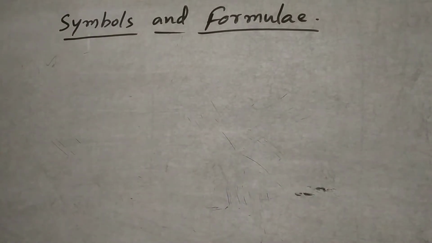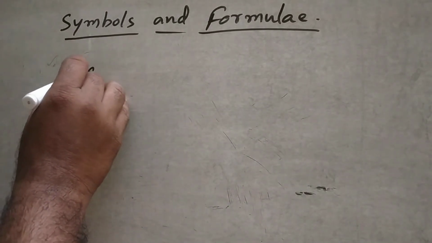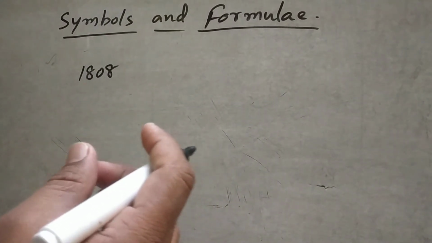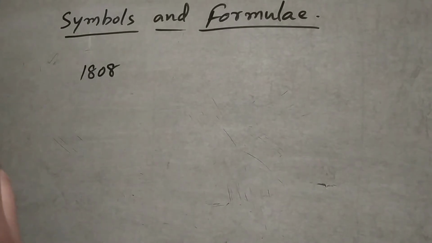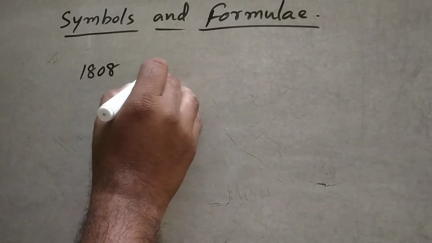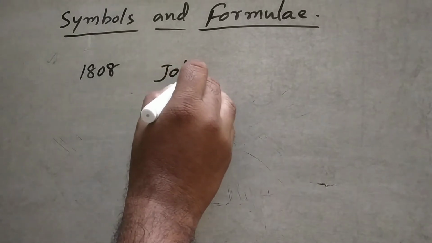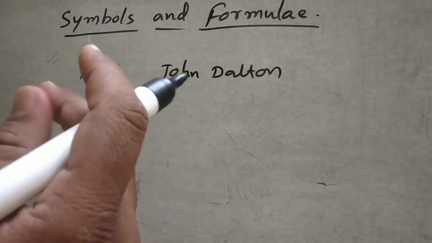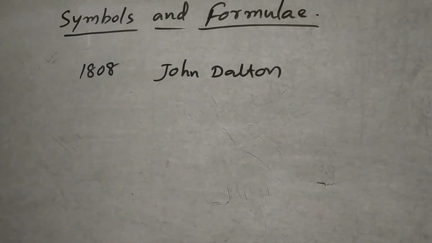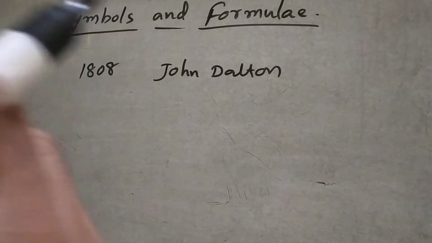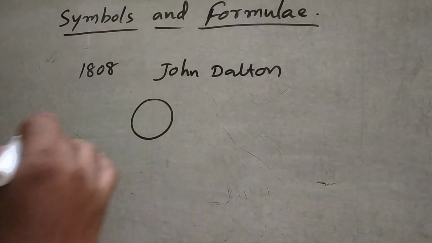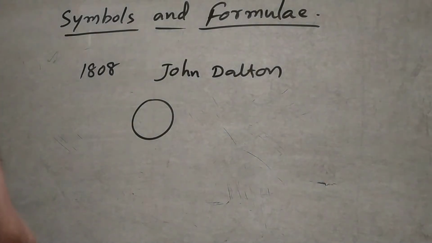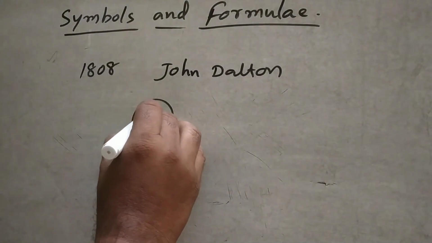In 1808, John Dalton said that elemental matter, any matter you take, is made up of small particles.